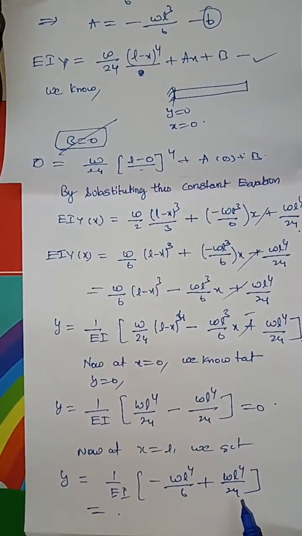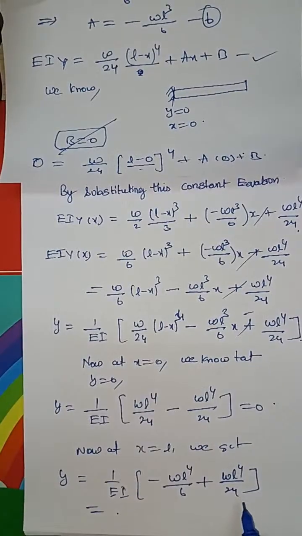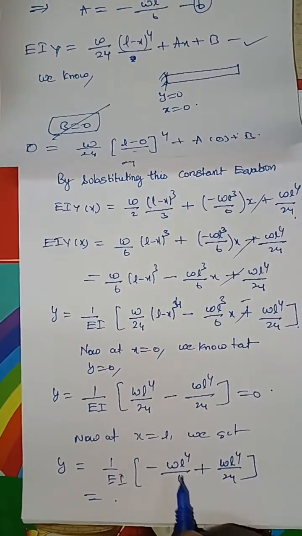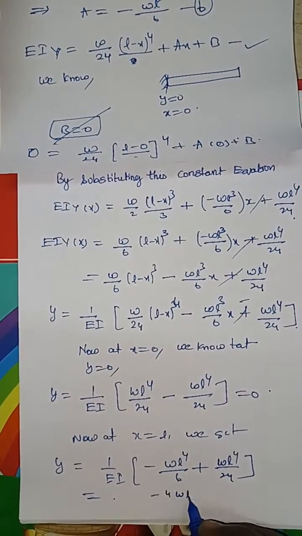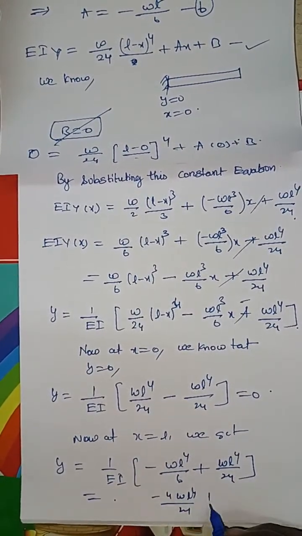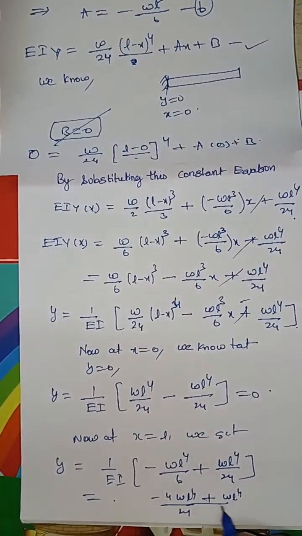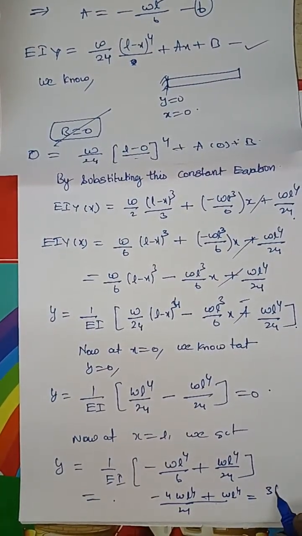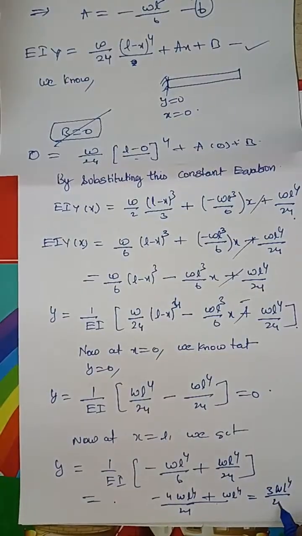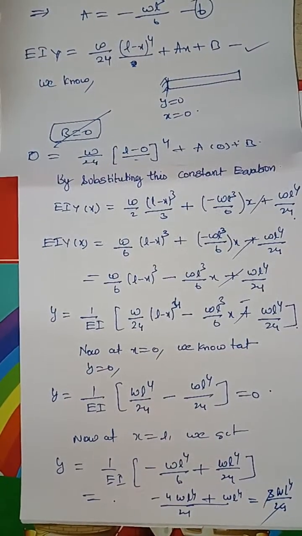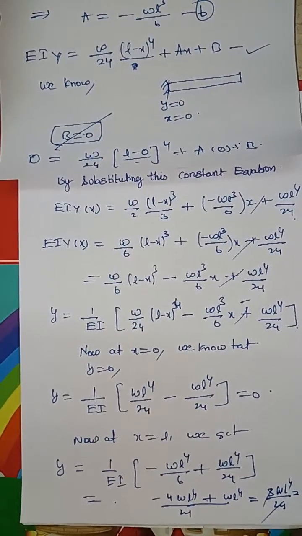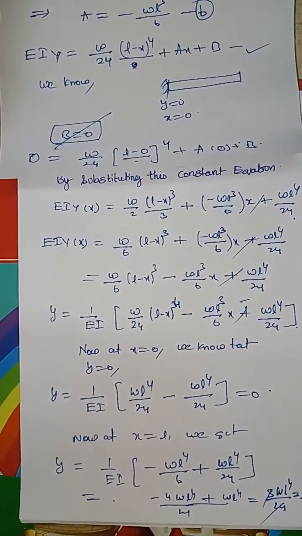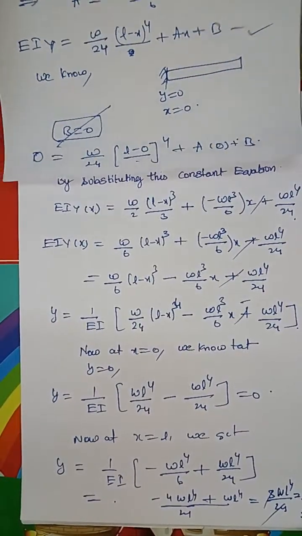Since 6 into 4 is 24, we get minus 4 W L power 4 by 24 plus W L power 4, and what we end up with is 3 W L power 4 by 24. So this 3 and 6 cancel, and W L power 4 by 8 is the deflection for this beam.